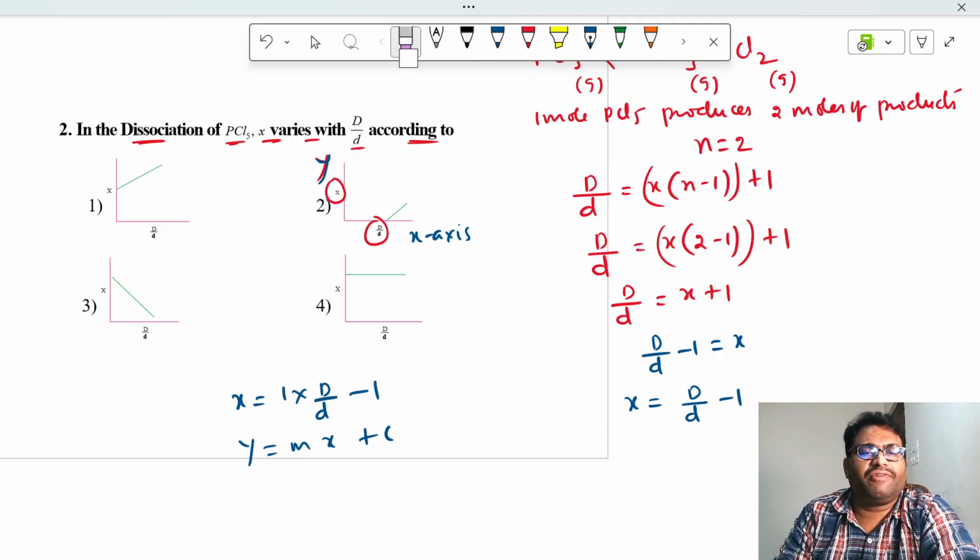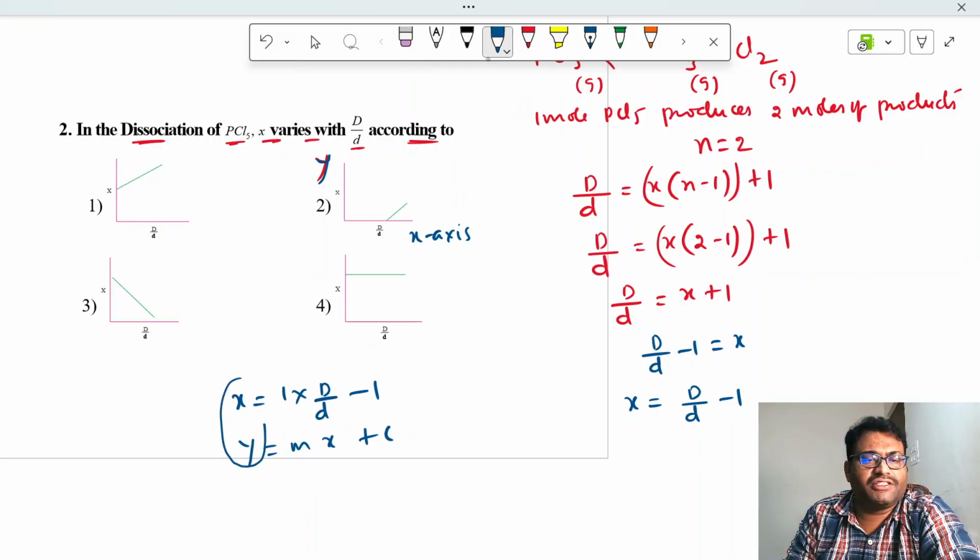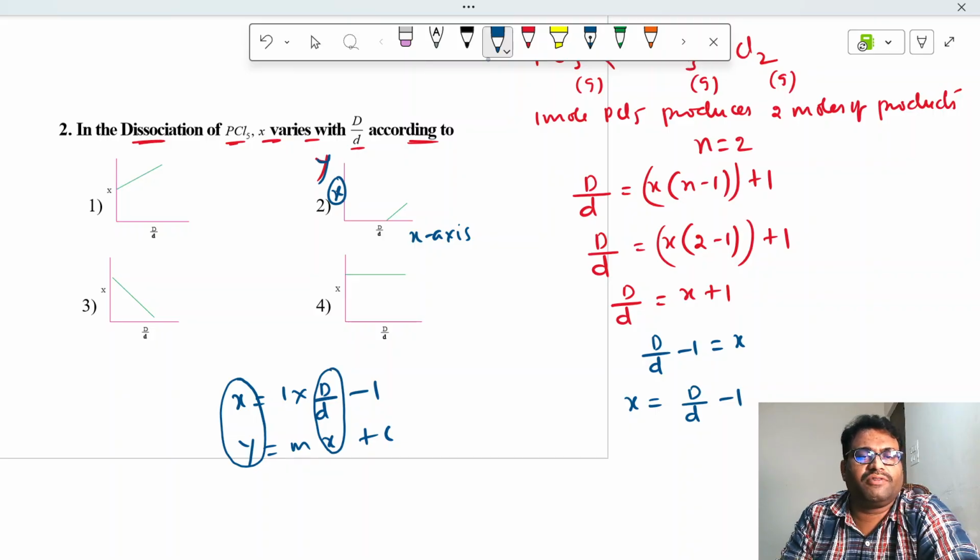So as y is equal to mx plus c, let us see here. On the y-axis x is taken, and on the x-axis D by d is taken. So what is the slope?